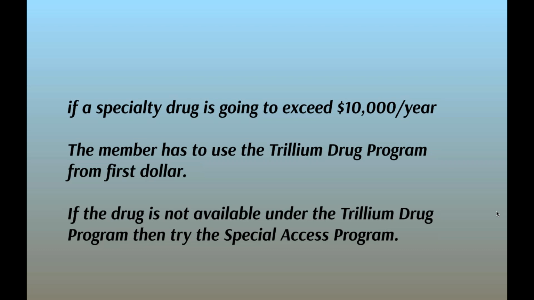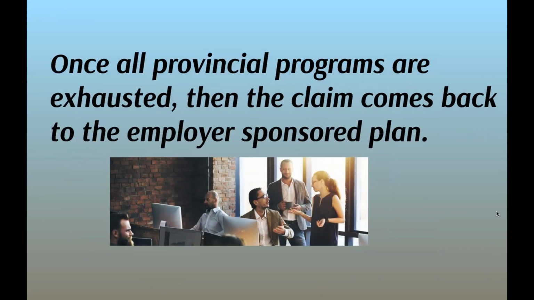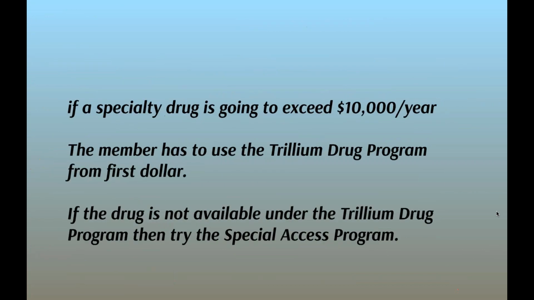Sorry, I always thought it was special access. The exceptional access program, where we apply to the province of Ontario and say, hey, cover this drug for the medically necessary ailment that the particular individual has. Terrific. If the government says no, then great, we make it payable under the benefit plan. But there's a price reduction in that, right?